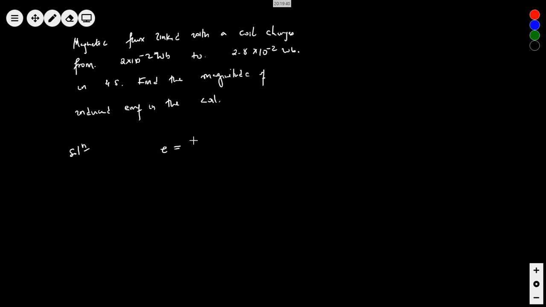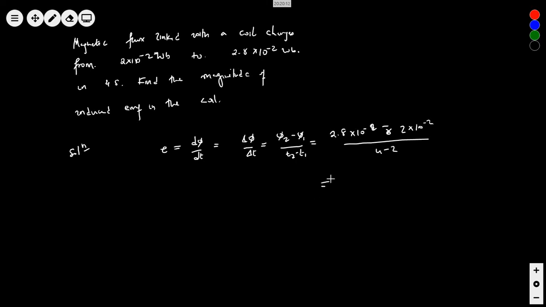So E would be, we know dΦ by dt is the differential form, but that is actually ΔΦ by Δt, or Φ2 minus Φ1 by t2 minus t1. So Φ2 is how much? 2.8 into 10 to the power minus 2, minus 2 into 10 to the power minus 2, divided by how much time? 4 minus 2.